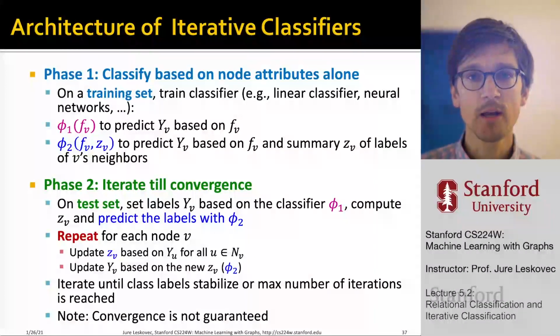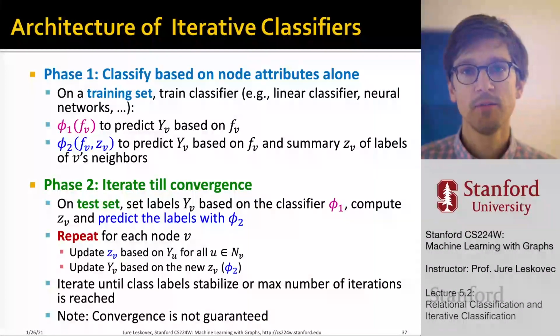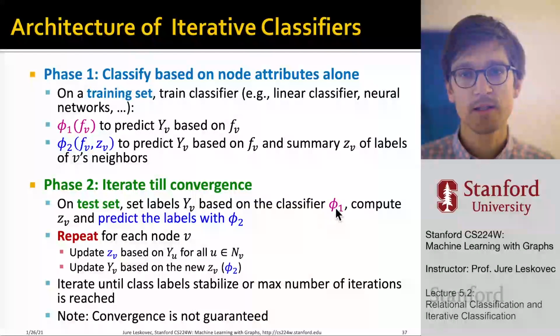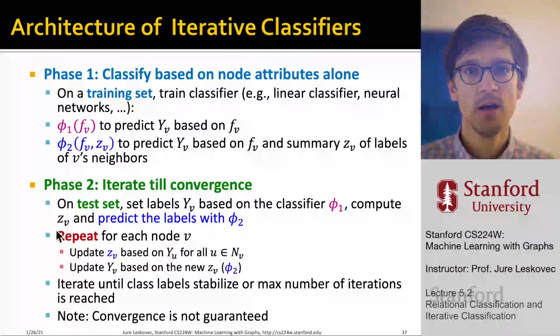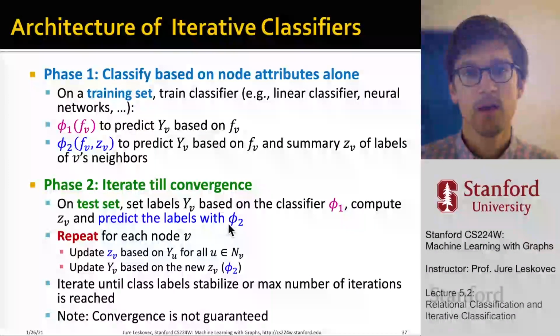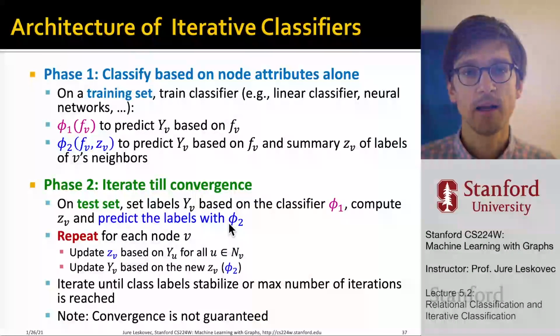And we are going to iterate until convergence the following iteration, where on the test set, which means on the unlabeled nodes, we are going to use first the classifier phi1 to assign initial labels. We are going to compute the label summaries z, and then we are going to predict the labels with the second classifier phi2.